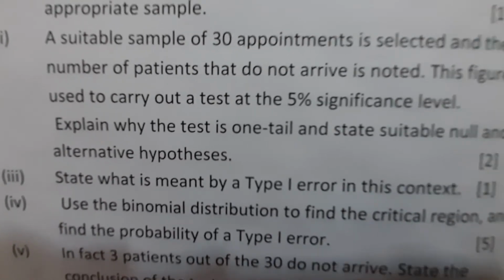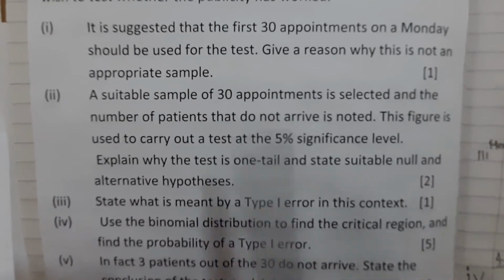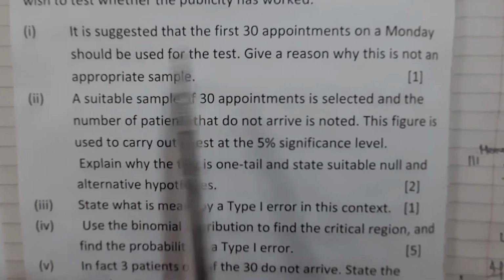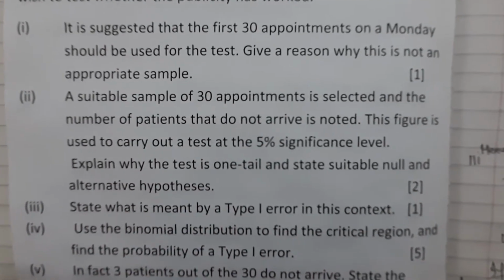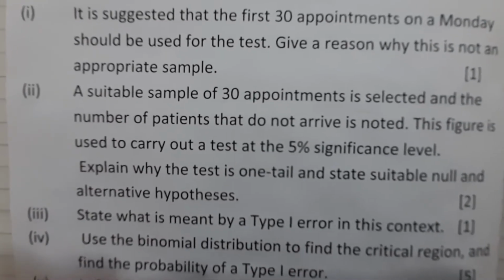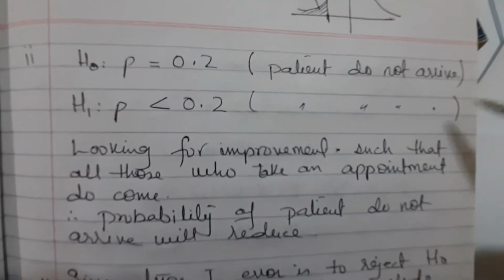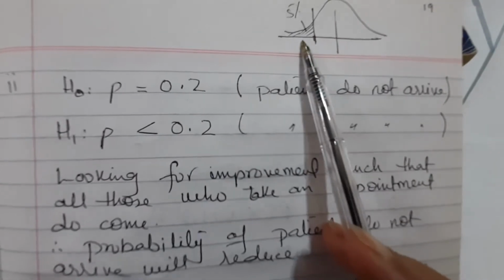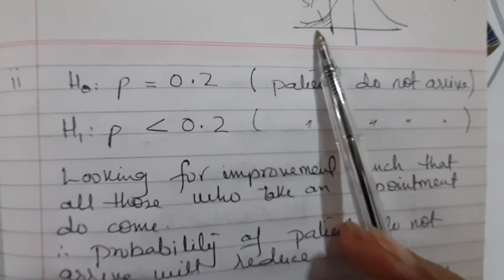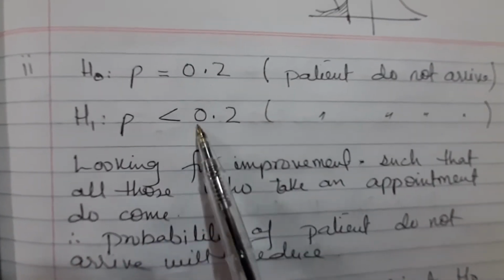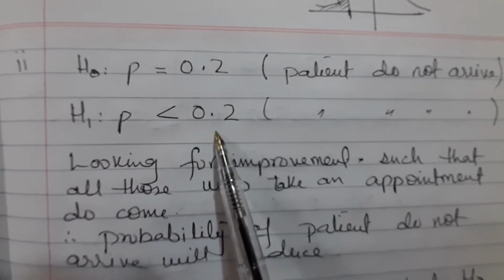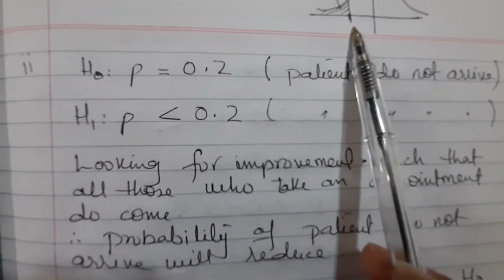Think. You see, he was talking about how after the publicity, the rate will reduce. So if I look at it sketch wise, it is on the left hand side, because I am saying the alternative hypothesis is less than 0.2. When it is less, it is lower tail.